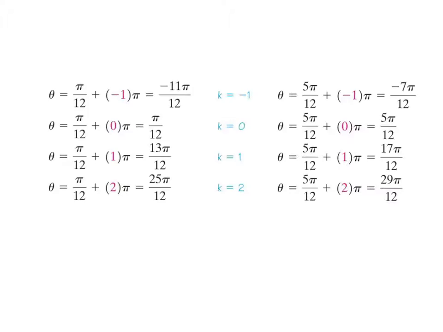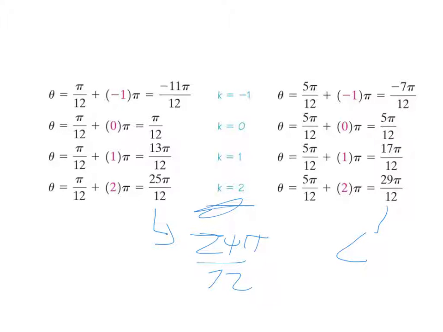Alright, so if you keep going in that manner and keep plugging in values of k, this is what you should get. Notice when you plug in k equals 2, you get 25 pi over 12 for the first equation, which is more than 24 pi over 12. Likewise, 29 pi over 12, greater than 24 pi over 12.